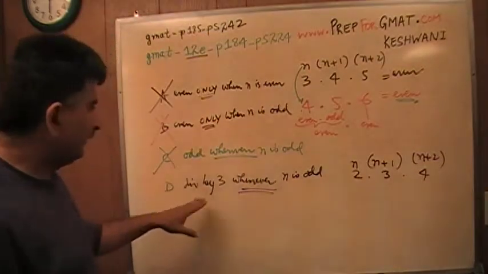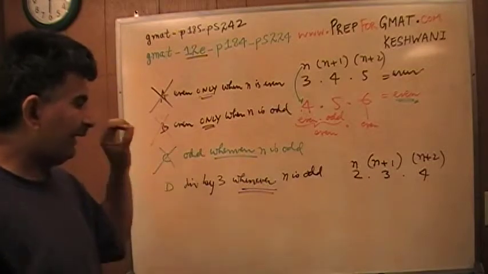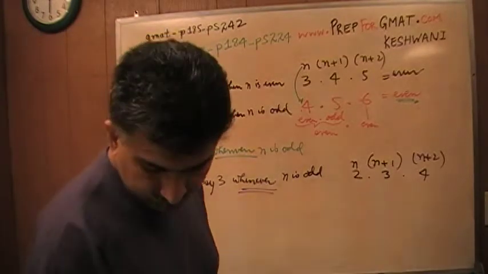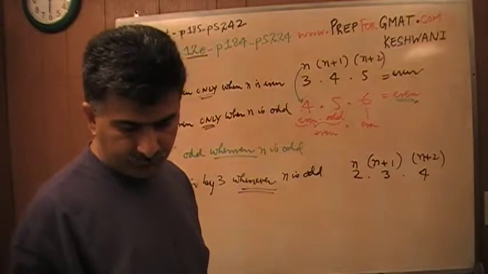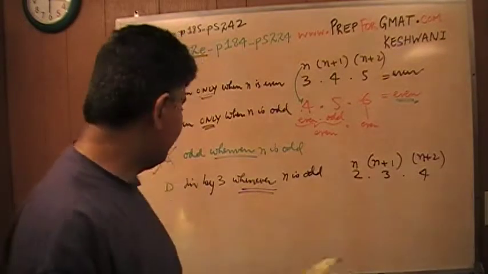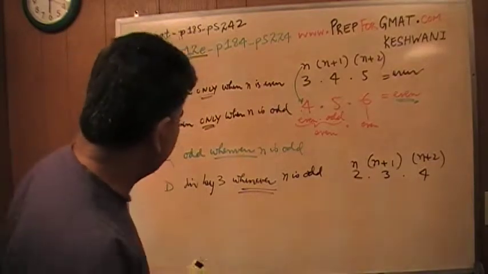This D claims that this quantity is divisible by 3 whenever n is odd. Oh, it doesn't say whenever. You see, I misread it, which is why I was confused.